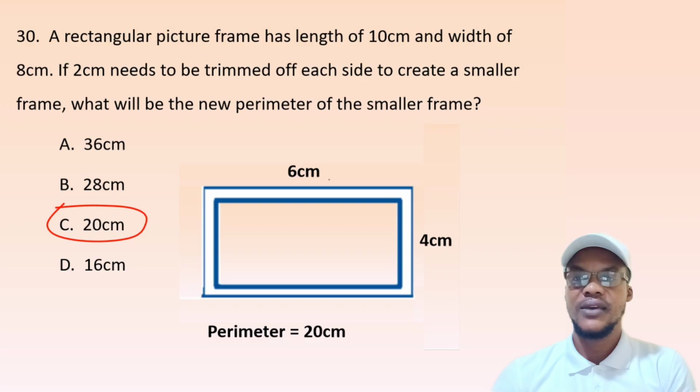Then they would take the width side, which is 8 centimeters, subtract 2 centimeters from it to get what? 6. Then in the long run, they will just find the perimeter using 8 as the length and 6 as the width, which will make the whole thing wrong.